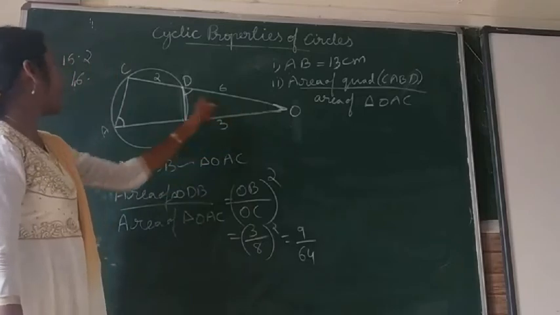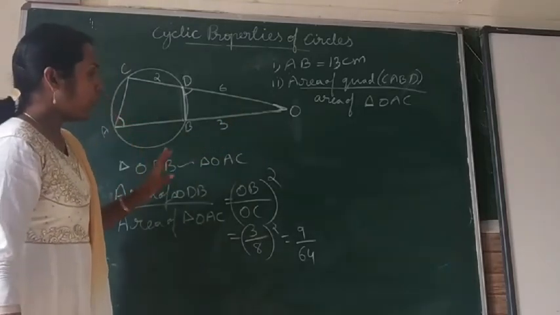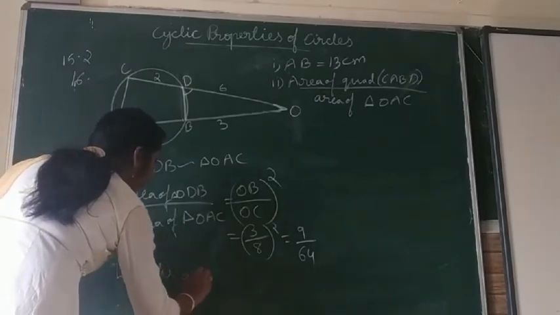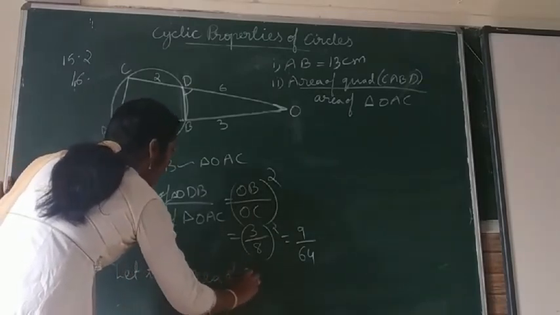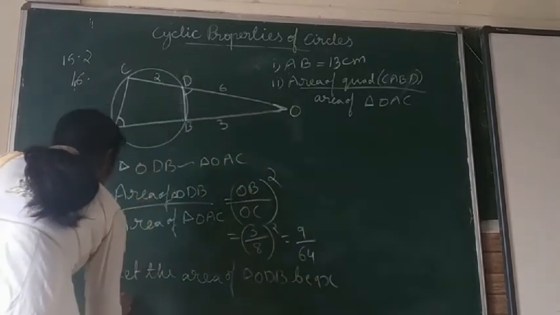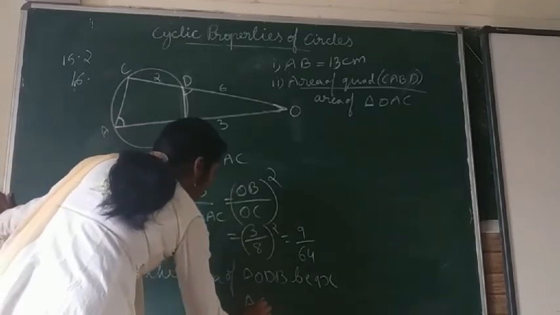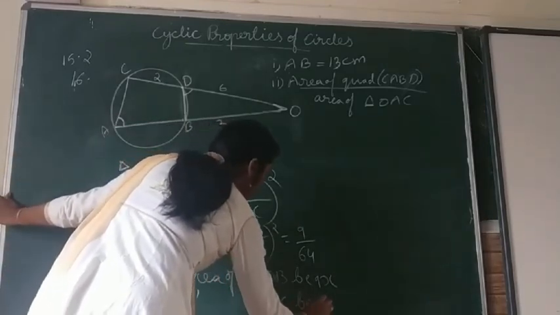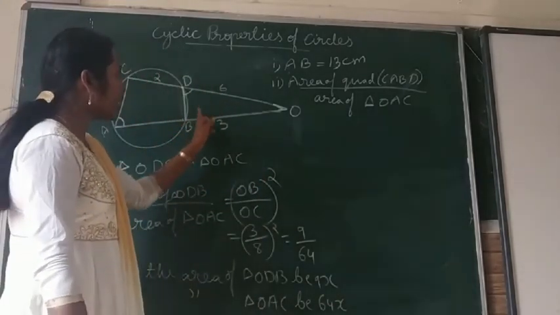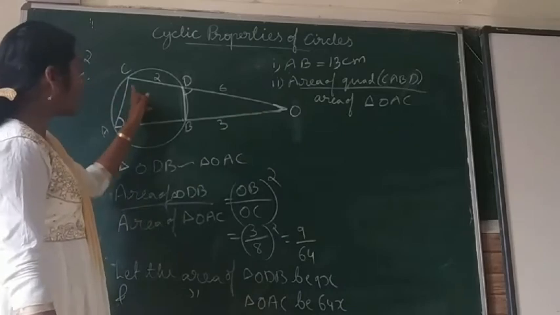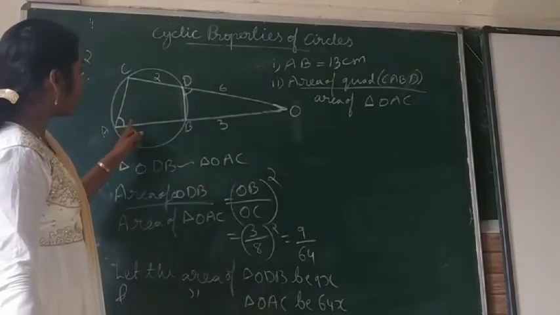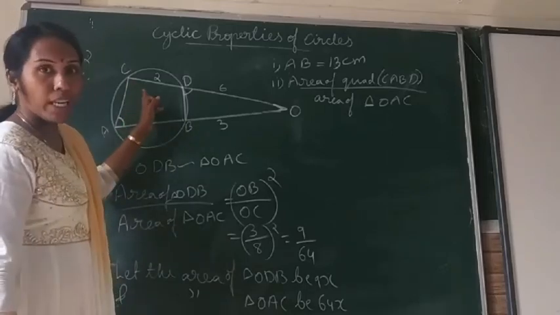Now let the area of triangle ODB be 9x and the area of triangle OAC be 64x. So area of ODB is 9x, area of OAC is 64x. That means we can find out the area of quadrilateral CABD.